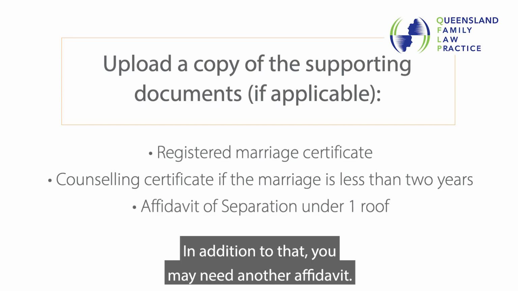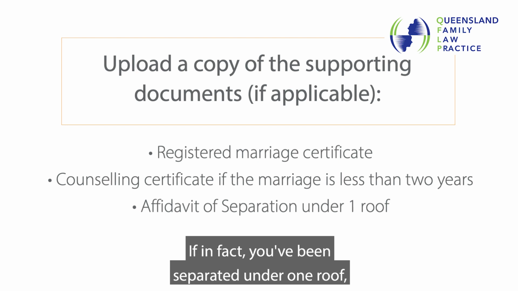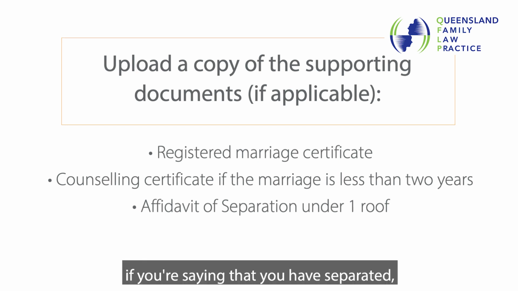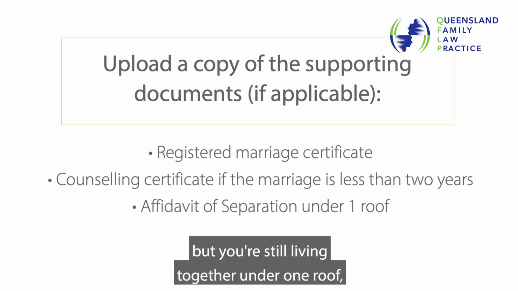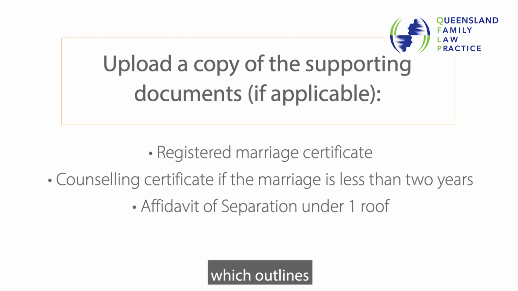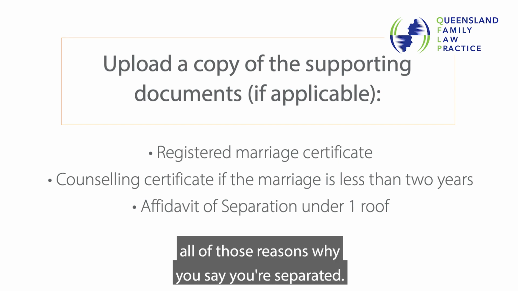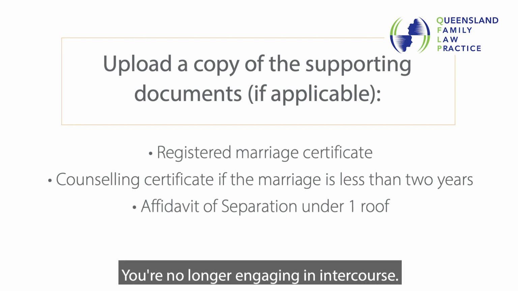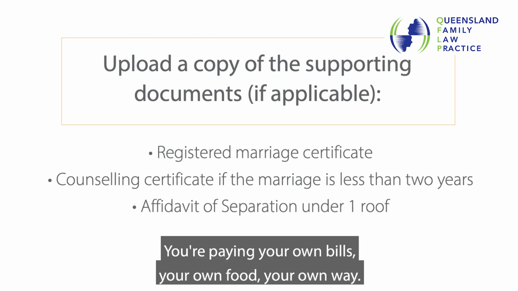In addition to that, you may need another affidavit if you've been separated under one roof, whether it's 2 years or not. If you're saying that you have separated but you're still living together under one roof, you are going to have to do an affidavit which outlines all of those reasons why you say you're separated. That is, you're living in separate rooms, you're no longer engaging in intercourse, you've divided up your bank accounts, you're paying your own bills, your own food, your own way.